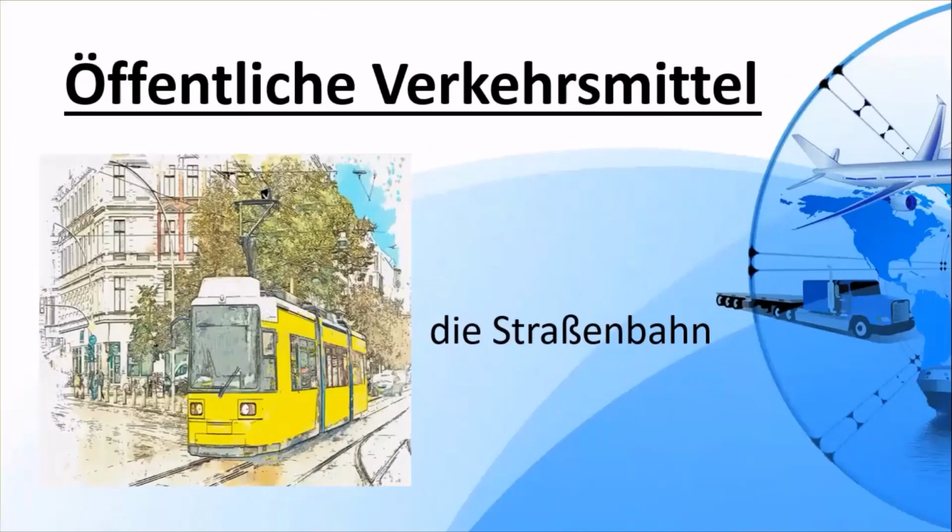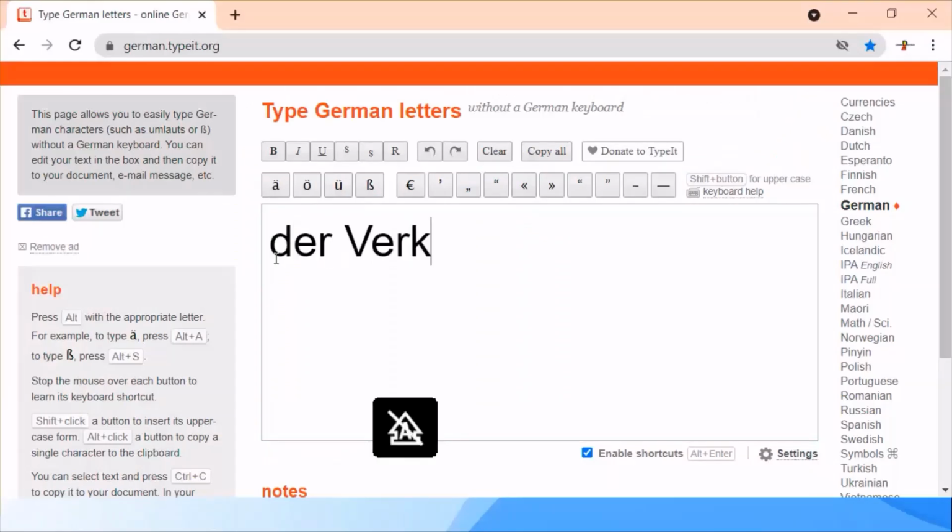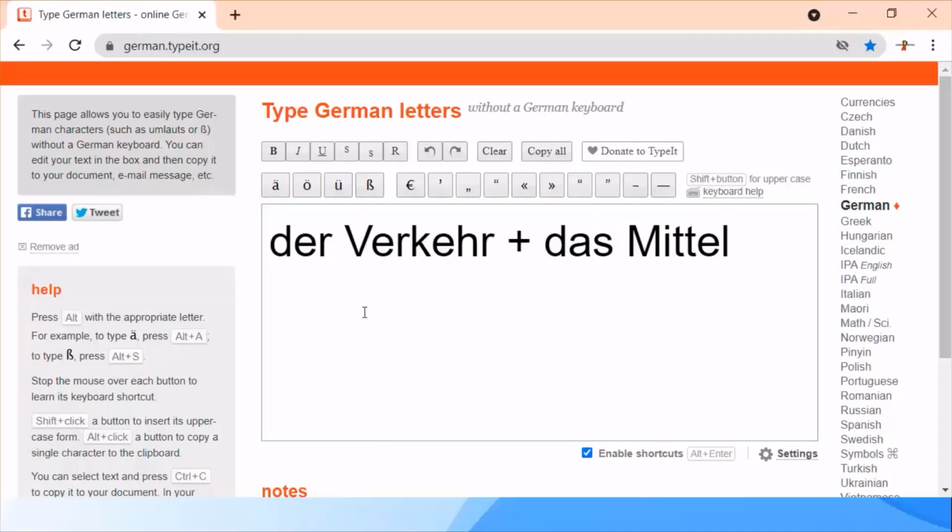Now, the means of transport, which is a compound noun in the German language made up of two nouns, is made up of der Verkehr, which is the transport but also the traffic, and the word das Mittel, which is the means or the method.